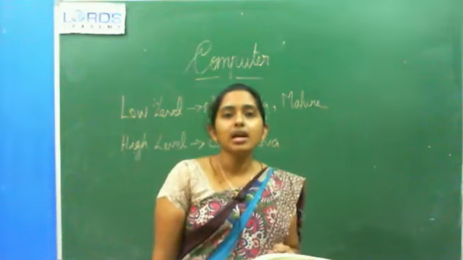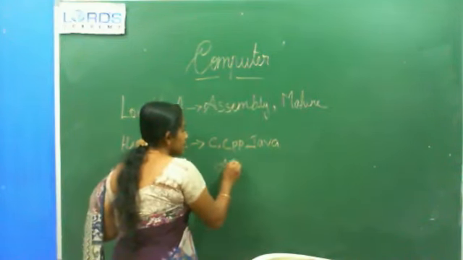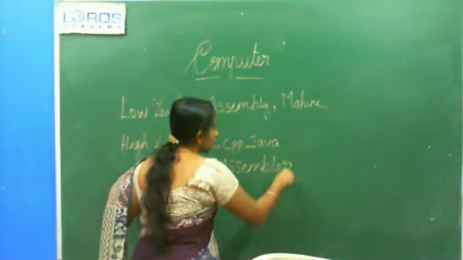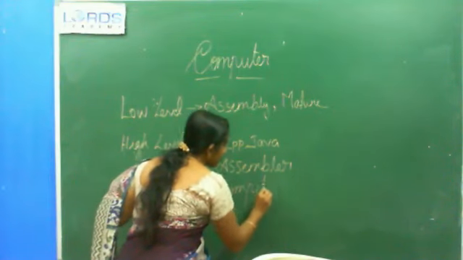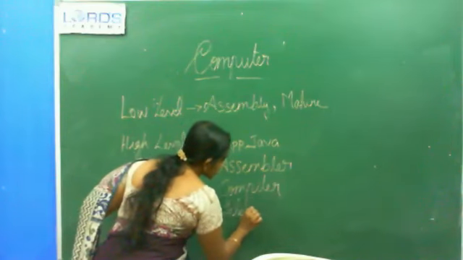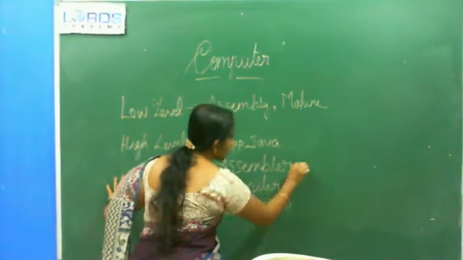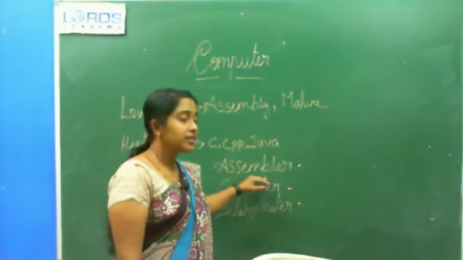Mainly three types of translators are there. The first one is assembler, the second one is compiler, and the third one is interpreter. From the word itself, it's very easy.